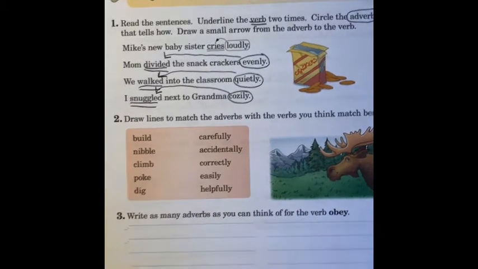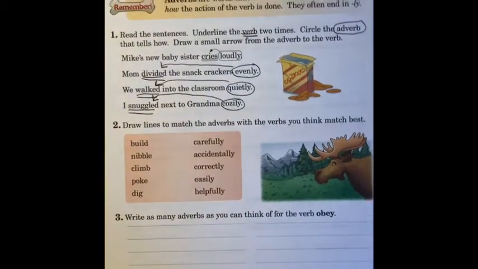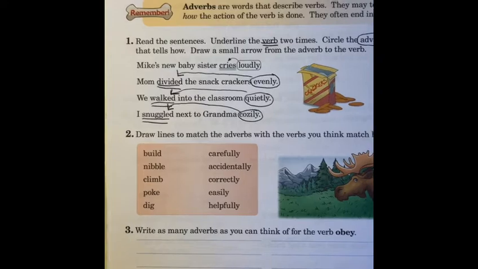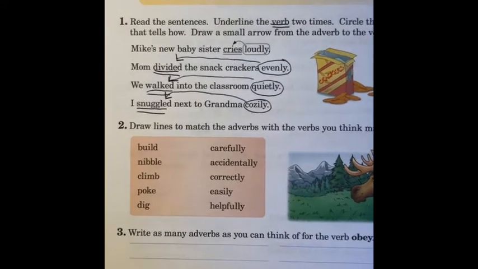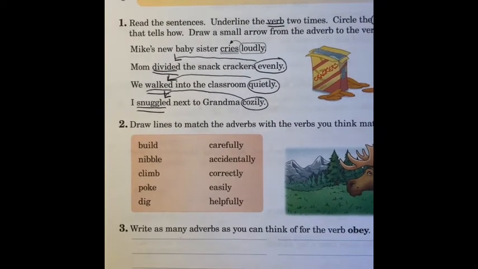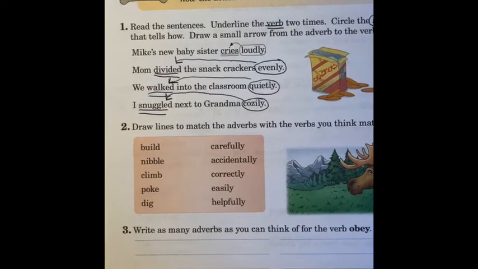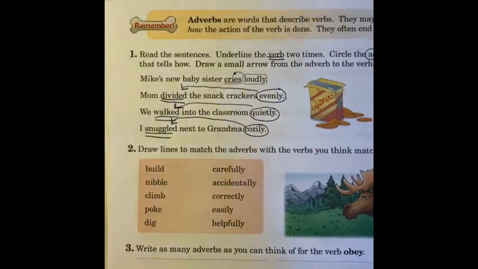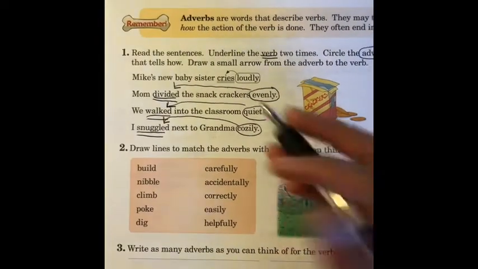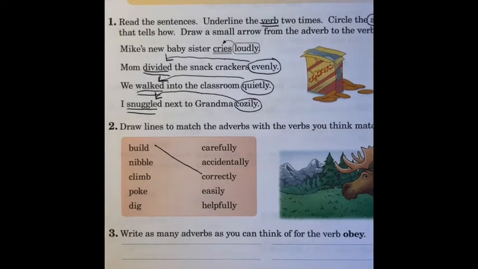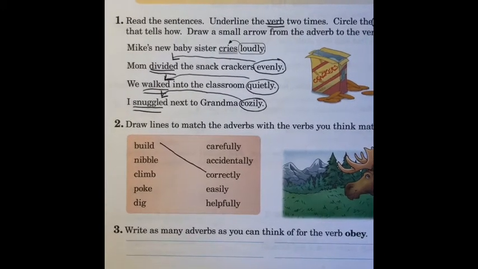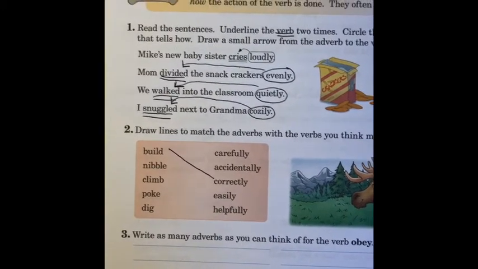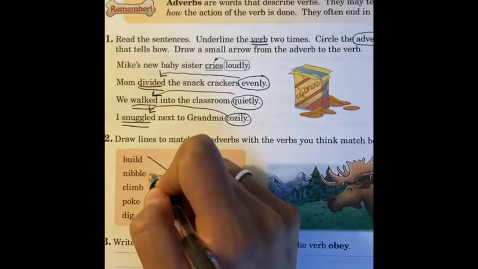Number 2 says draw lines to match the adverbs with the verbs you think match best. So there's no right or wrong answer here, right? So we could go build what? Build correctly, maybe? Nibble carefully, I think.